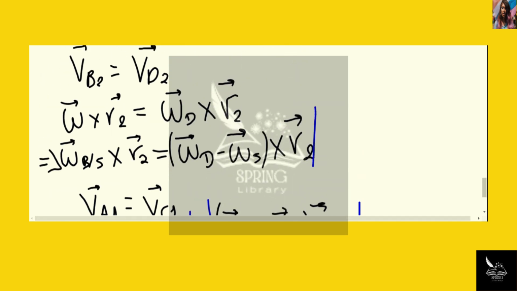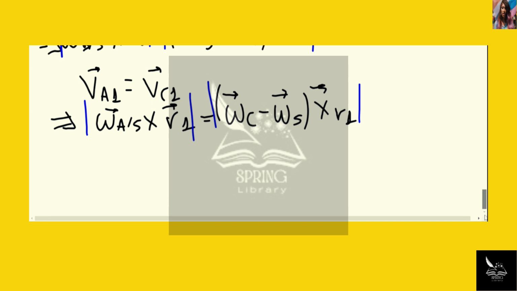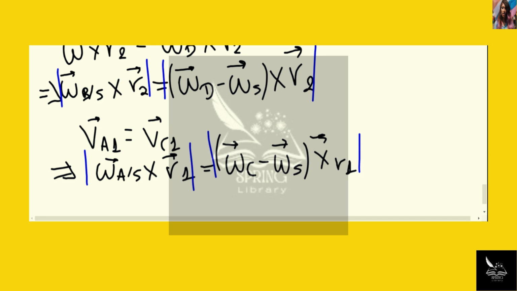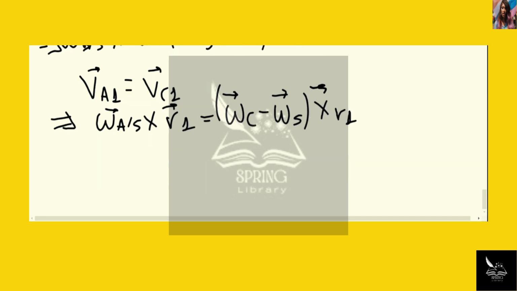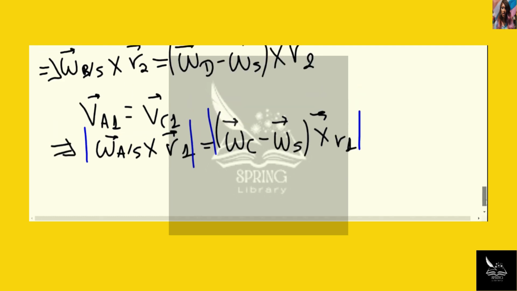We can construct such a relation by taking the magnitude of the above relations, which simplifies to expressions of the magnitude of the angular velocity times radius, giving us the linear velocity at the rim of a gear.